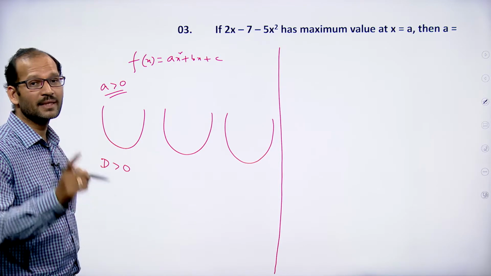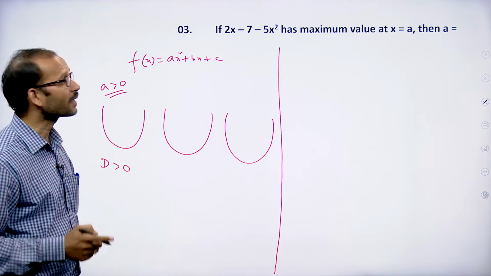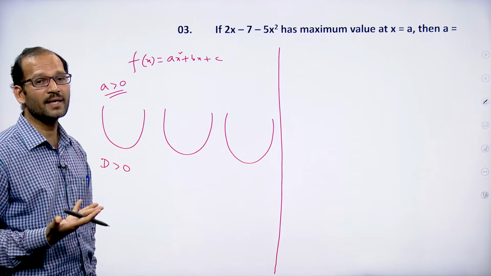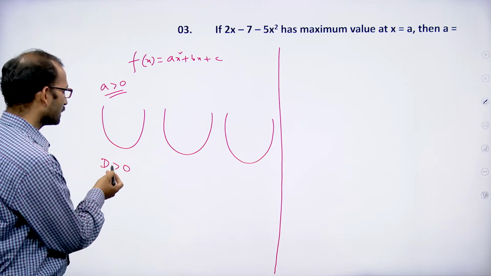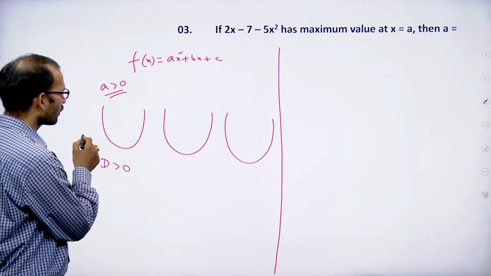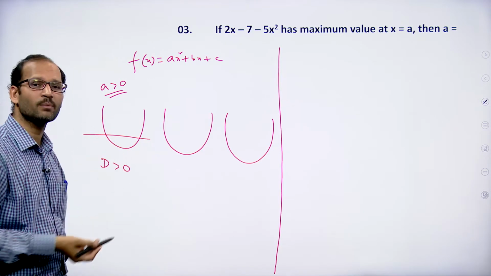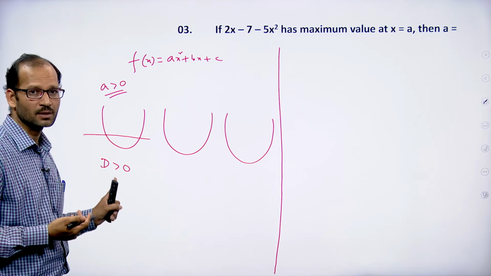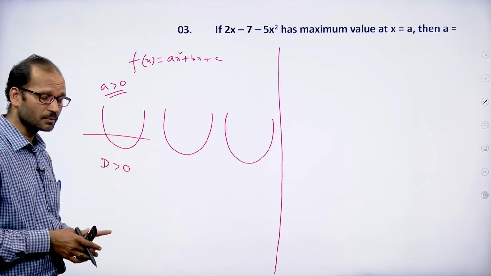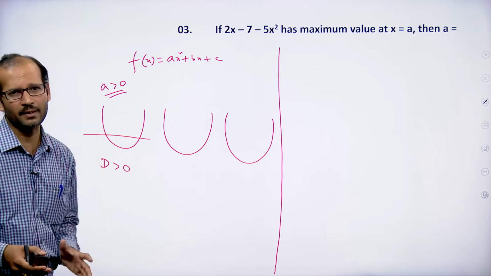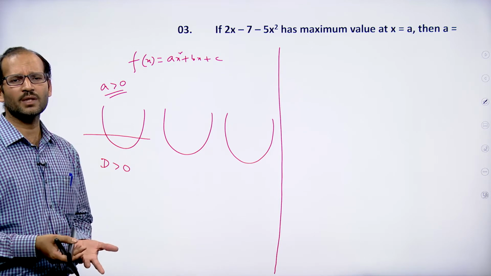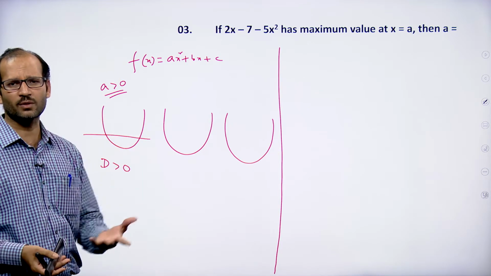Discriminant greater than 0 means the quadratic equation has 2 real, distinct zeros. So it will intersect the x-axis at 2 distinct points. We know that if the discriminant is greater than 0, the roots are real and distinct, that is the nature of the roots.